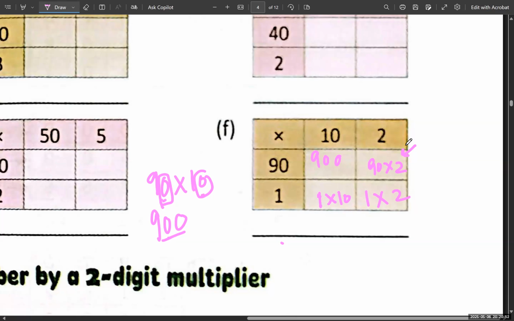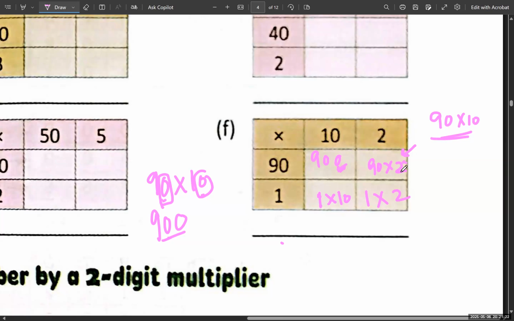Yes, I was saying that when you get these types of questions in the exam, don't write 90 times 2 in the column or 1 times 100. Just directly write the answer. Solve it in the rough column, and write the final answer in the box. Don't write this. I've written it so that you can understand.